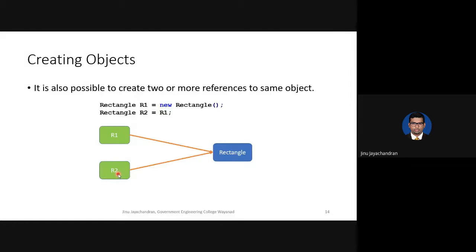If you remember in C++, if we want to do this kind of operation, then we need to use operator overloading. In Java, you don't need to use operator overloading. It actually means that you create a new reference for R1. That's all.